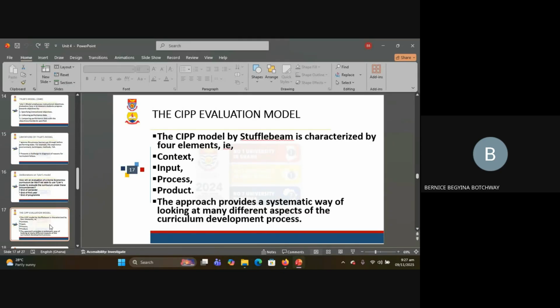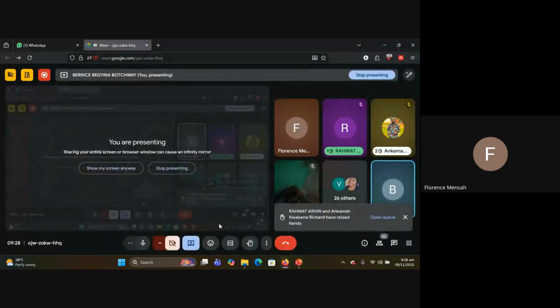The teacher also does the evaluation at the context stage and the input stage, and they come to us for the data, then the experts sit down on it to either accept what is being done, modify it, or change it. Madam Florence, are you okay with this? Yes, ma'am. Okay.